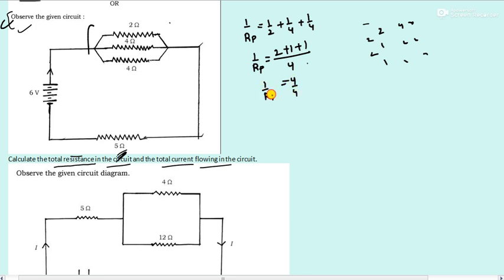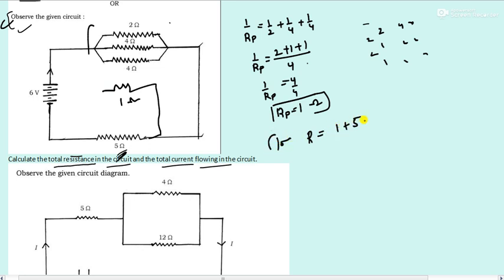So 1 by Rp is equal to 1, therefore Rp is equal to 1 ohm. Now this is connected with this in series, correct? So the total resistance is equal to 1 plus 5, which is equal to 6 ohm. This is the total resistance in this circuit.